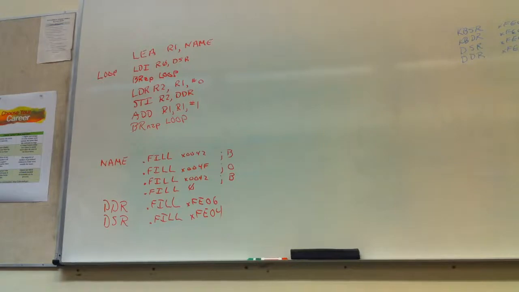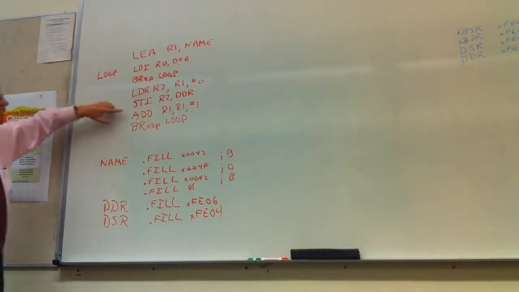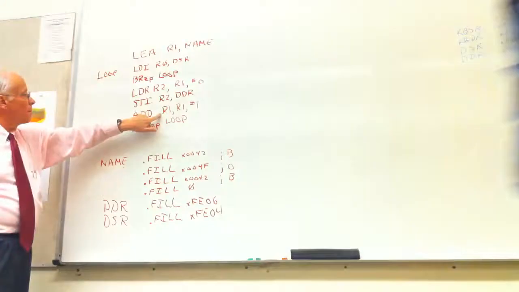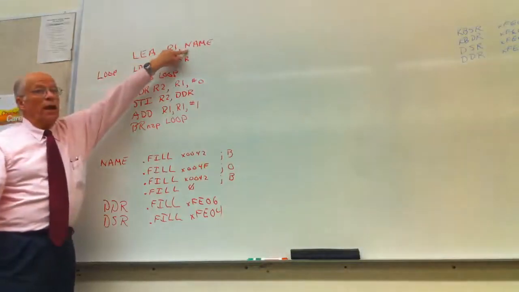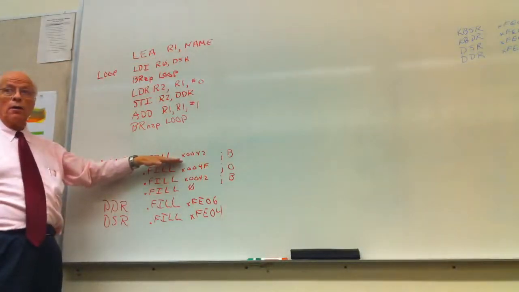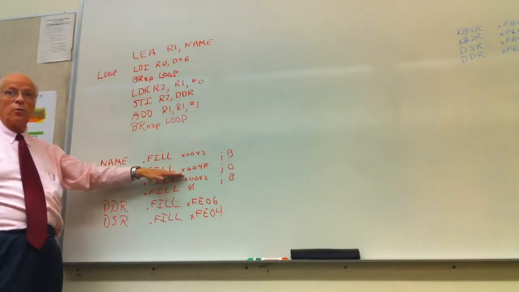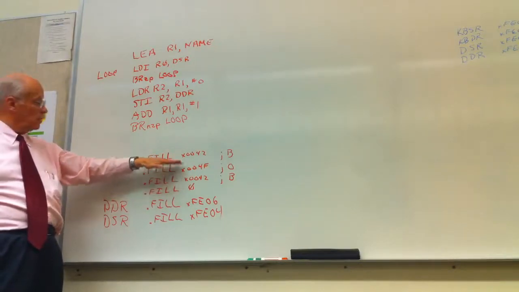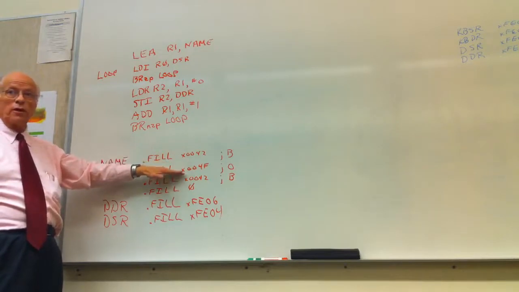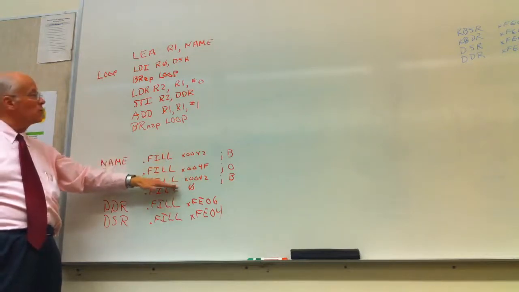What's in R1? Because I come down here, what's in R1? The address of my array. And so by adding one, I go down so that the next time through the loop, I print this letter. Instead of printing this one over and over again, I go down to here, and so on.